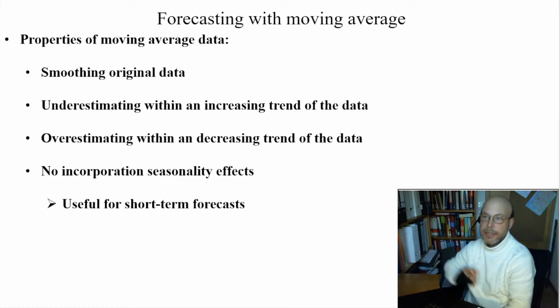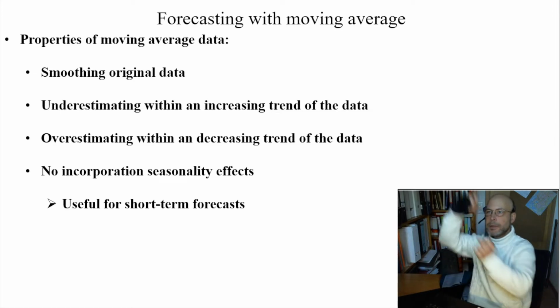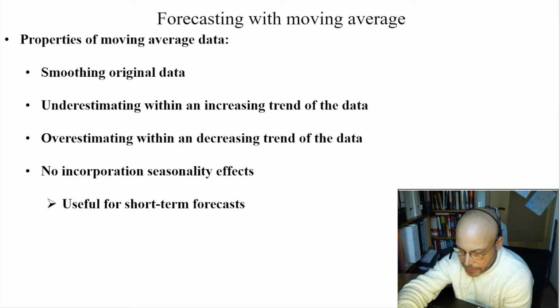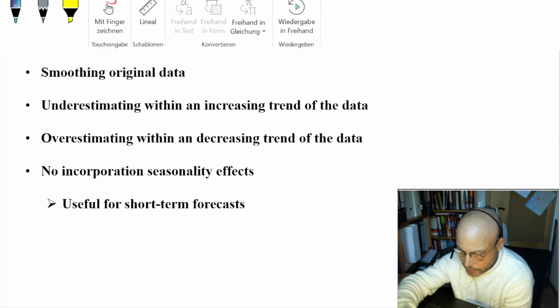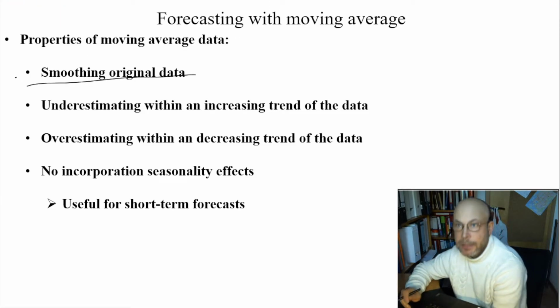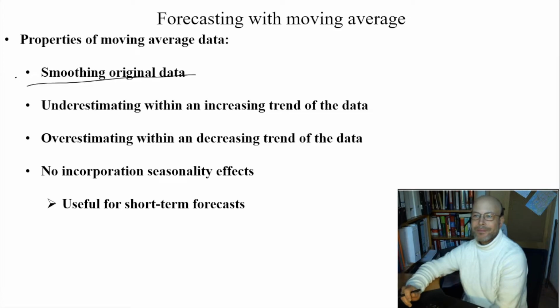Well, forecasting with moving average, what have we done? Why are we doing this process? Because of course we no longer have these jumps in our data, and especially we can smooth our data from the seasonality or cyclical components.